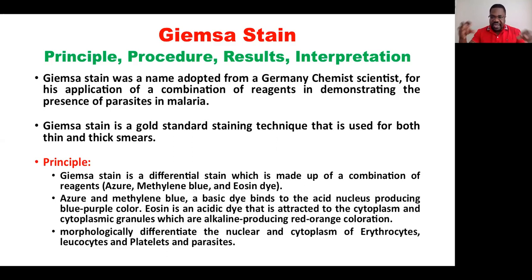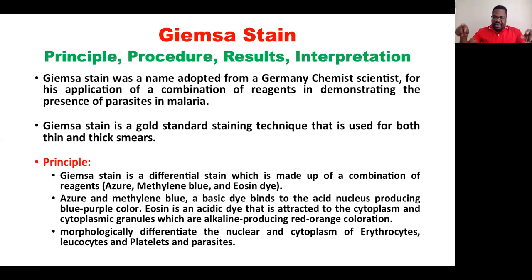It is made up of 3 main reagents: azure, methylene blue, and eosin dye. Those 3 have different affinities with different elements in the cells.